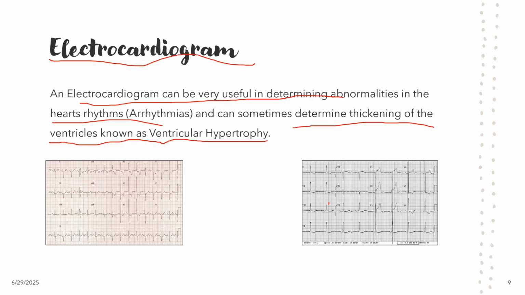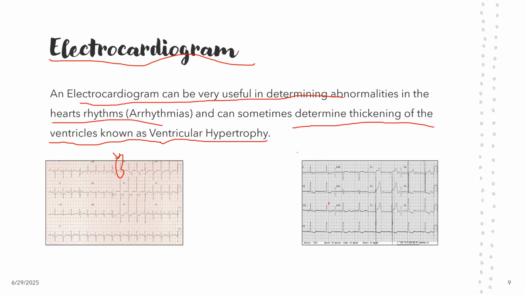So just quickly, what are the criteria for right and left ventricular hypertrophy on the ECG? For right ventricular hypertrophy, the voltage should be highly positive in leads V1 and V2, or else just that the R wave is greater than the S wave.